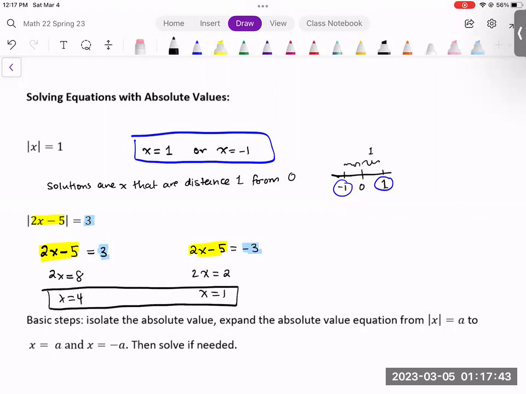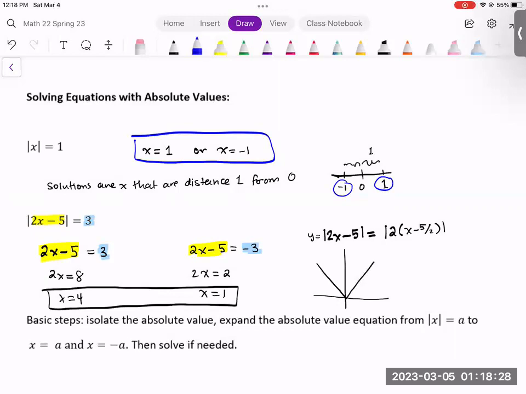If we wanted to think about this graphically, we could look at the function absolute value of x and think about rewriting absolute value of 2x minus 5 in terms of compositions. So this is absolute value of 2 times x minus 5 halves. So going back to transformations of graphs, we're going to take the graph of y equals absolute value of x.